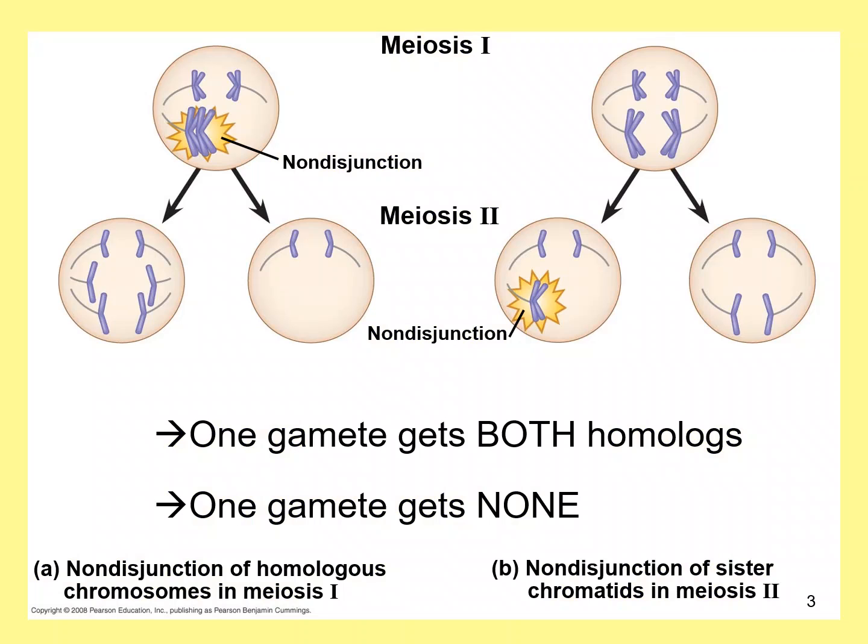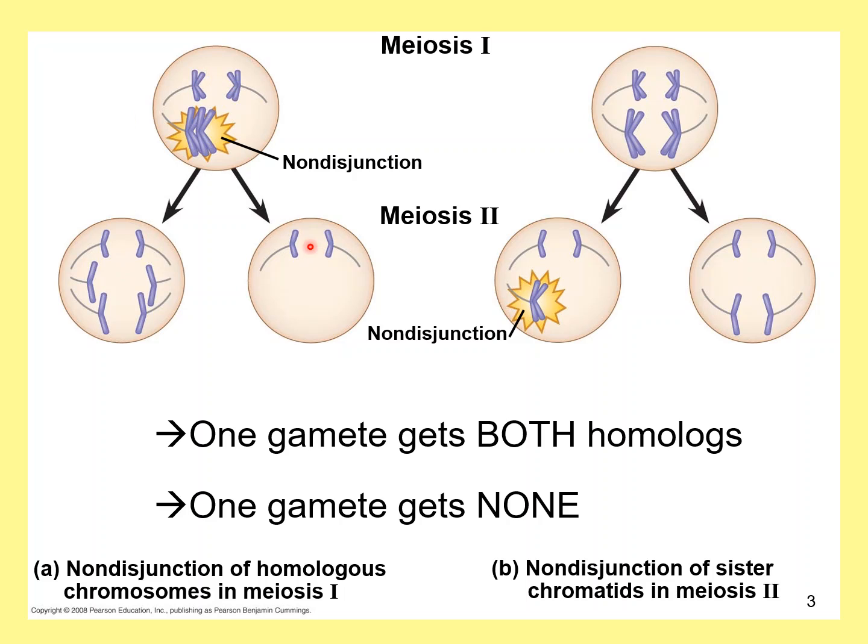So here we can see non-disjunction has occurred on the left during meiosis 1. One homologous pair separated correctly at the top, so we have one of each going into each daughter cell.